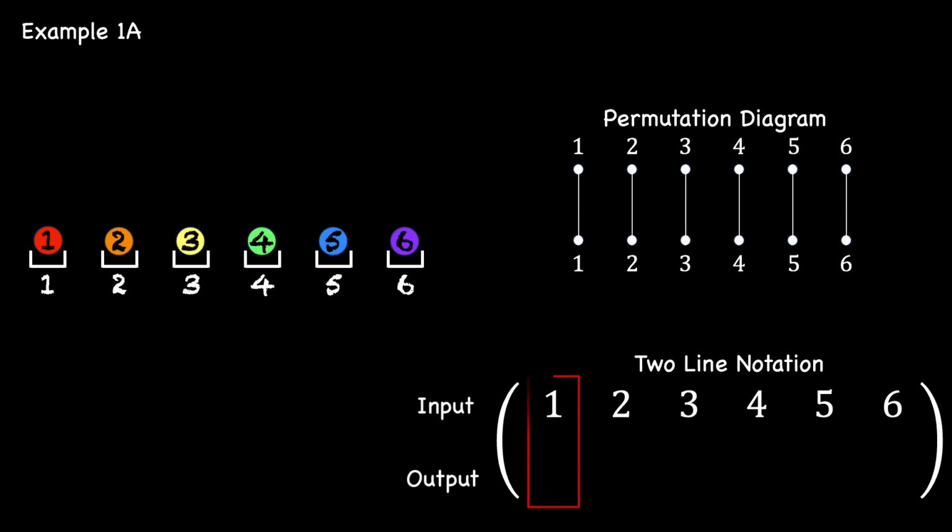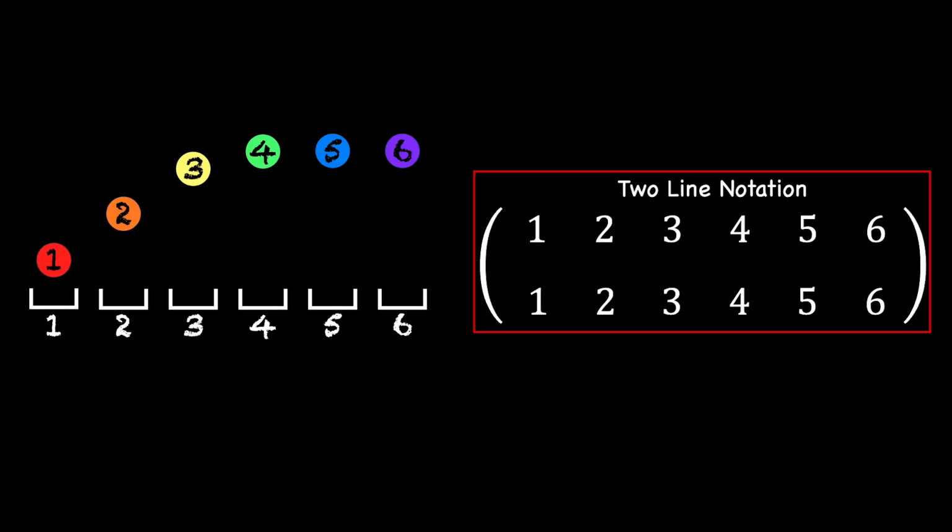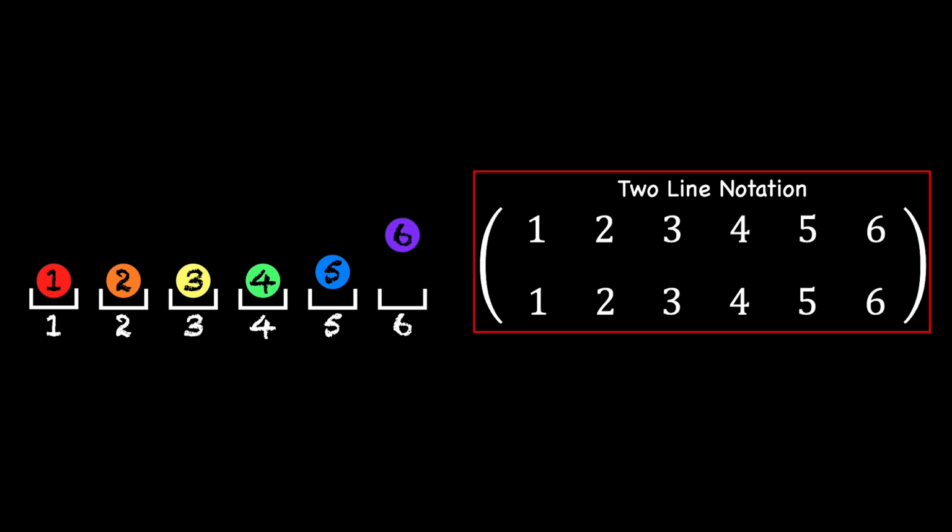Directly under input 1, we write the corresponding output value, the bin number where input 1 is mapped to. Next, we move to input 2 and write the corresponding output in the appropriate place. We continue in this manner until we have fully defined the input-output relations for the entire permutation pi1. This two-line notation is quite compact and saves our hands from carpal tunnel syndrome.